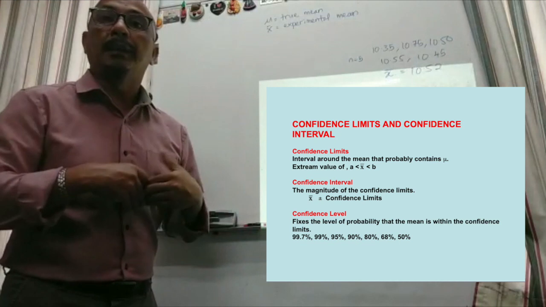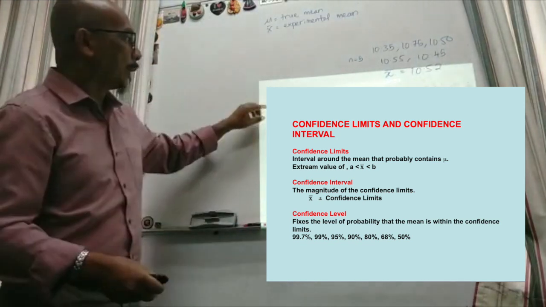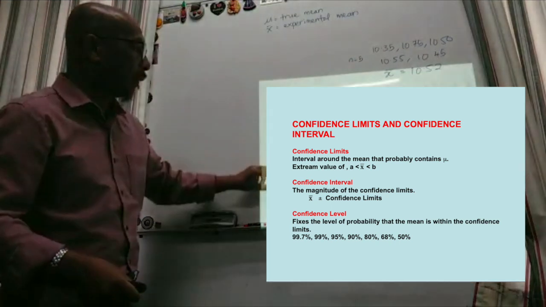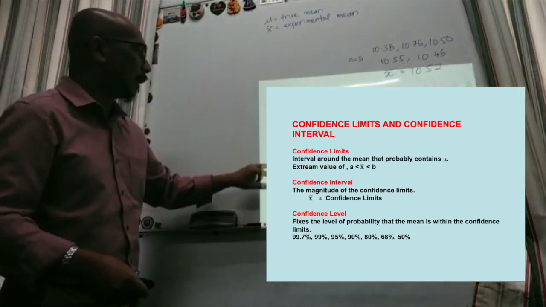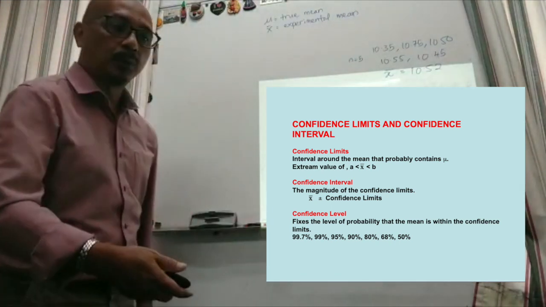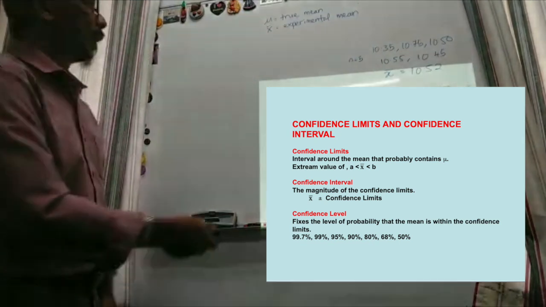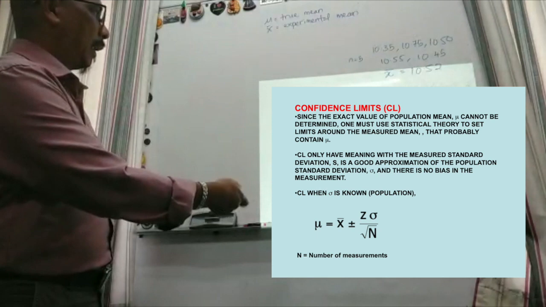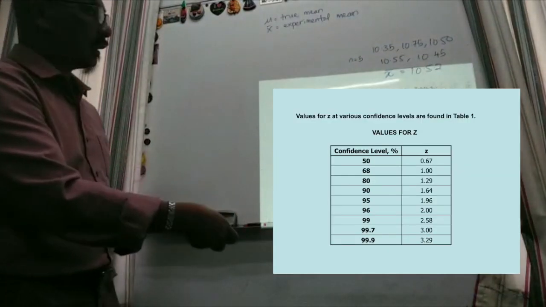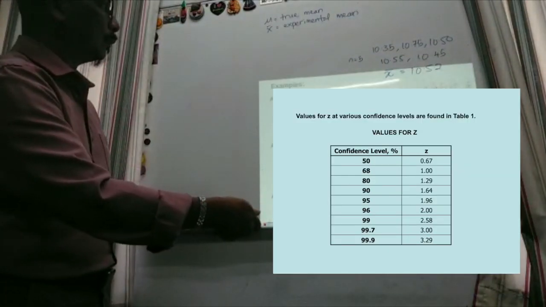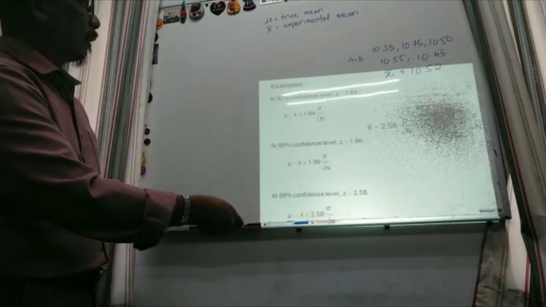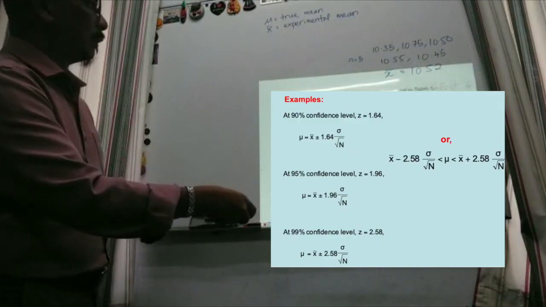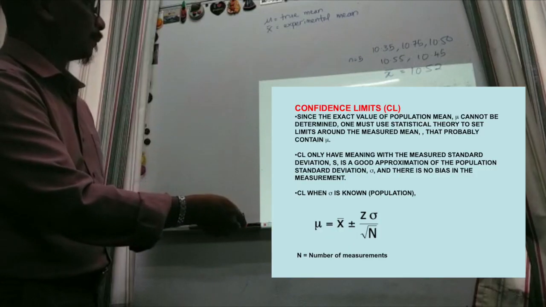So hopefully you can differentiate between confidence limit, confidence level, and confidence interval. How to calculate is already stated in the notes. I'm not going to explain how, you just need to use the formula. The formula is given.